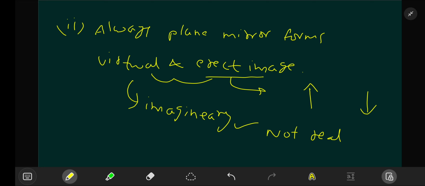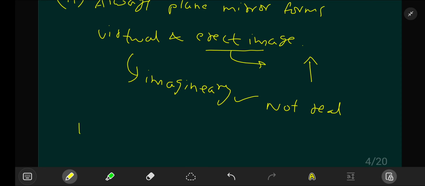So this point should be remembered. In a plane mirror, an erect image will be formed. That means a straight image. If you stand like this, the image will also be in the standing position, not in the inverted position.